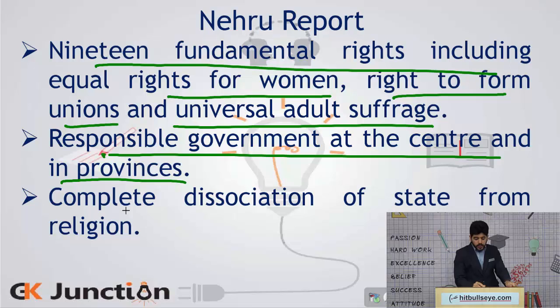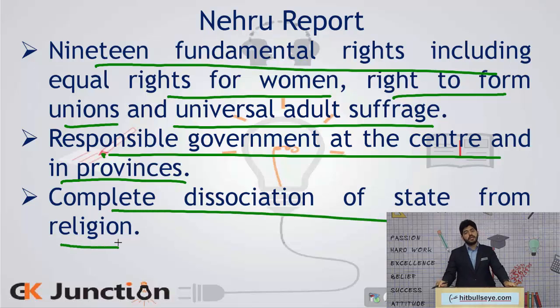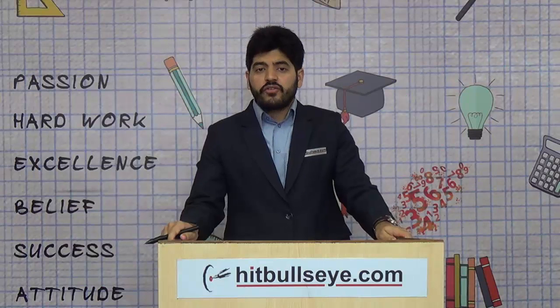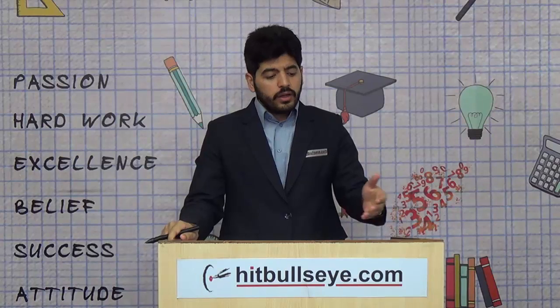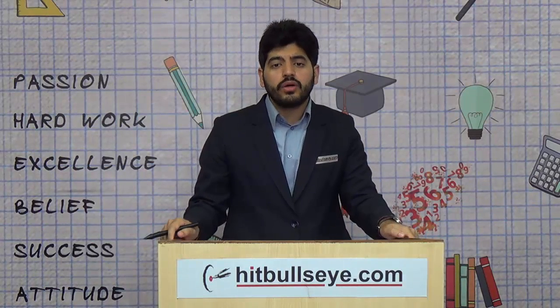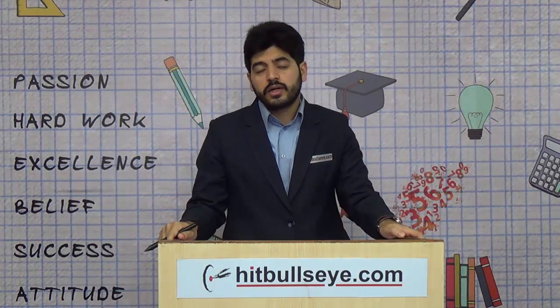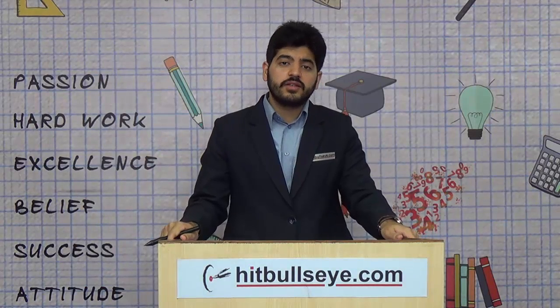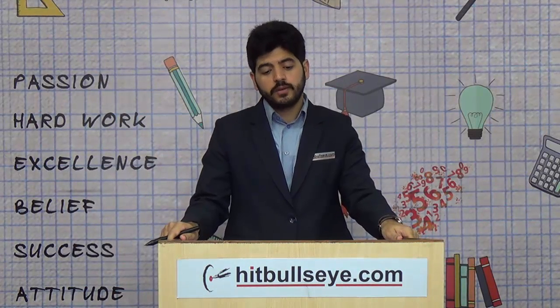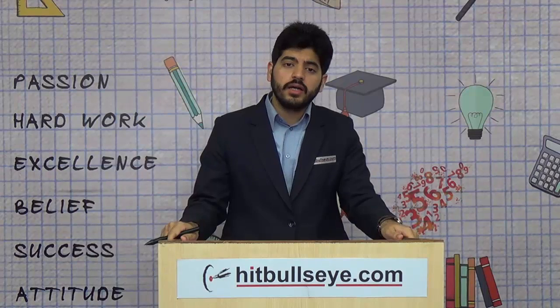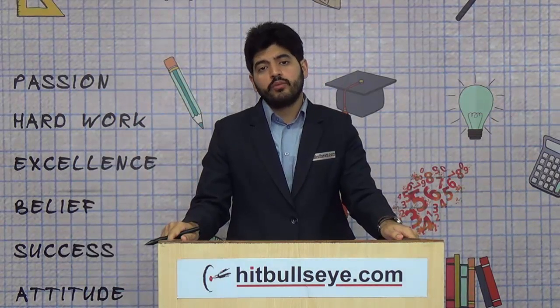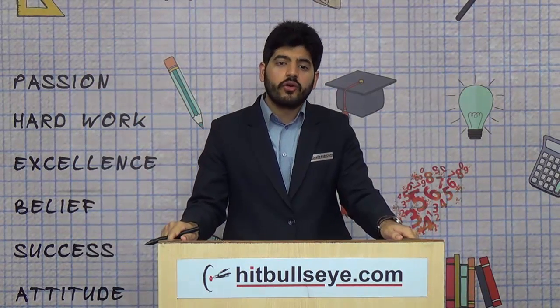And complete dissociation of the state from religion was sought in the Nehru Report. After the Nehru Report, the people got enlightened about things such as fundamental rights and the separation of state from religion, and people started demanding more and more rights and more constitutional reforms from the government.